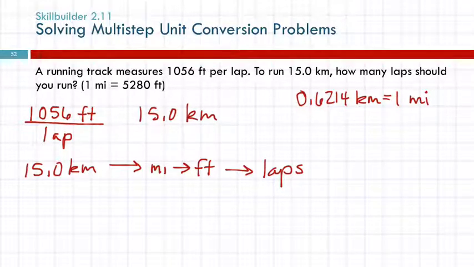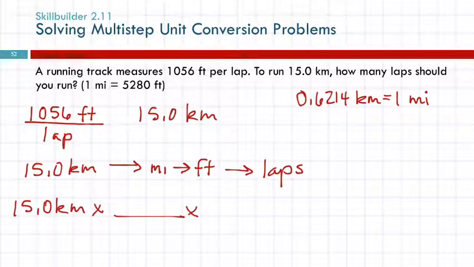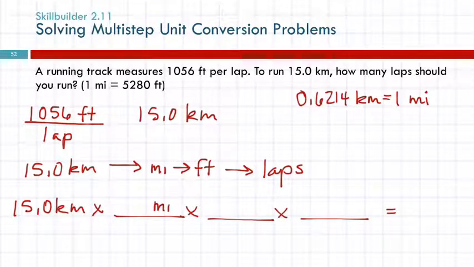There are other ways to solve this problem. But regardless of how you solve it, we should end up with the same answer. Okay, so 3 arrows, 3 fractions. Kilometers to miles to feet to laps.